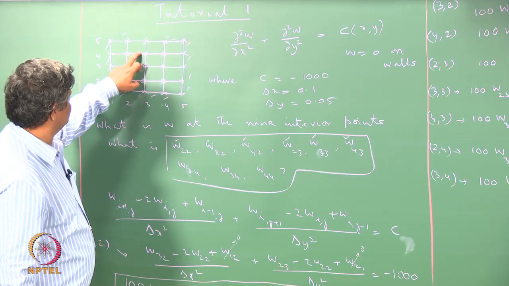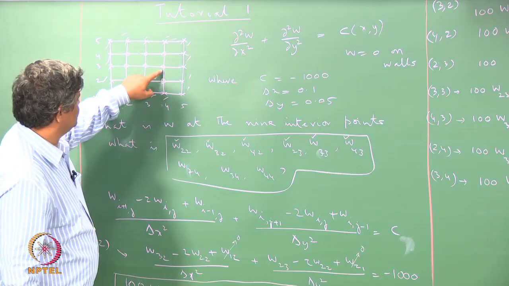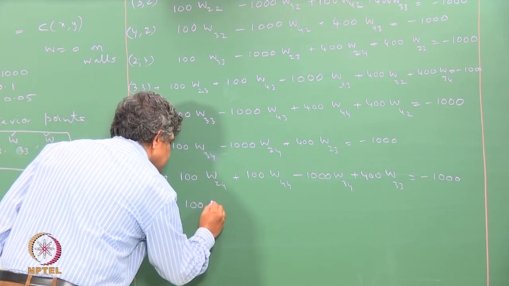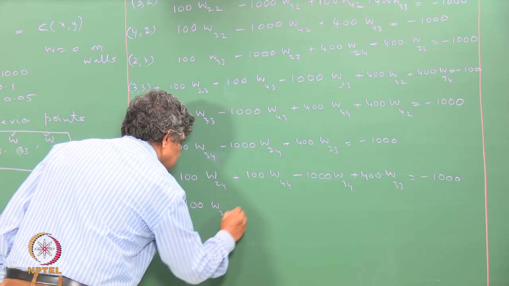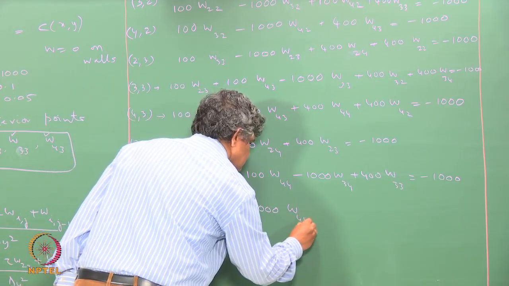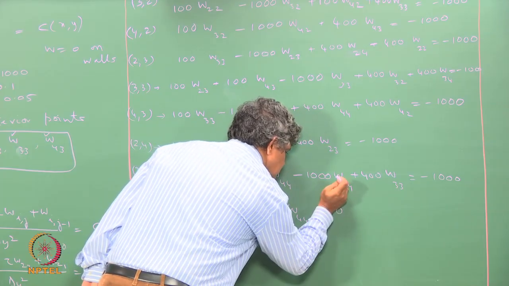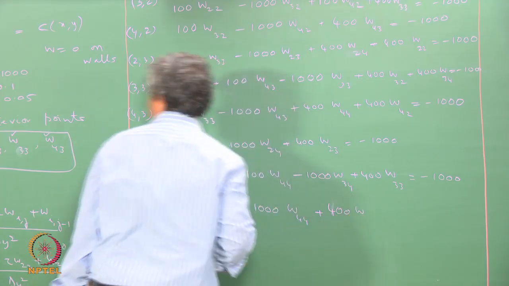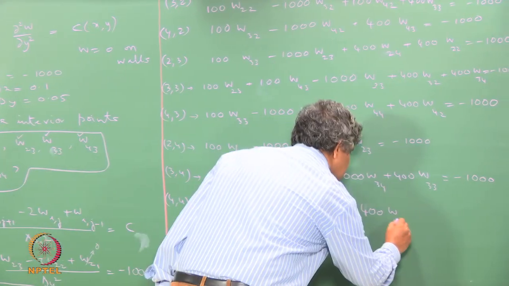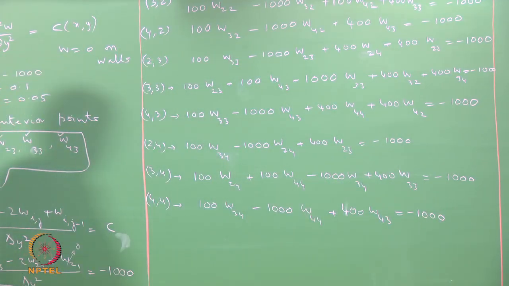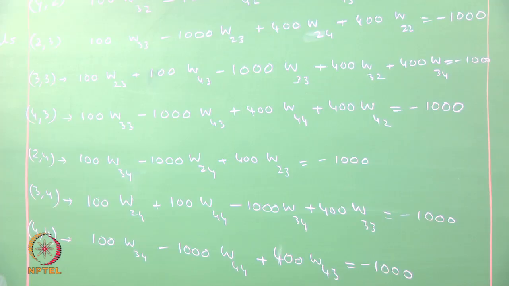So that will have 100 of this 34 and 100 of this 43. So we have finished for all these things.